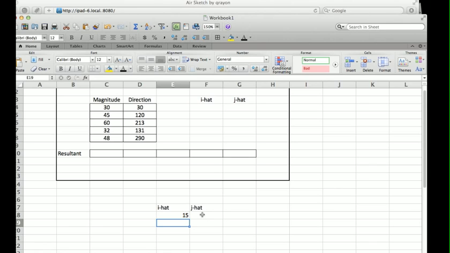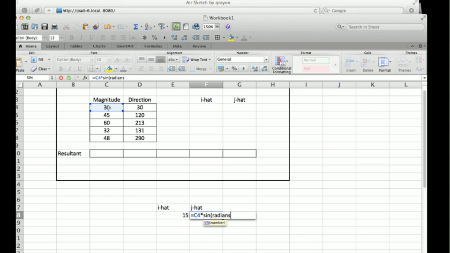So that worked. Okay, and the J hat would be equal the magnitude times the sine of radians of, whoops, I messed up.